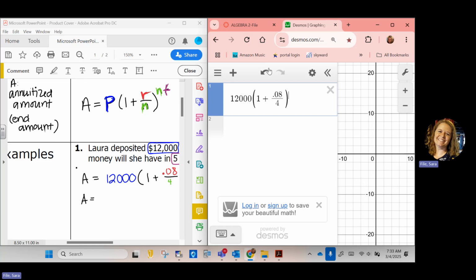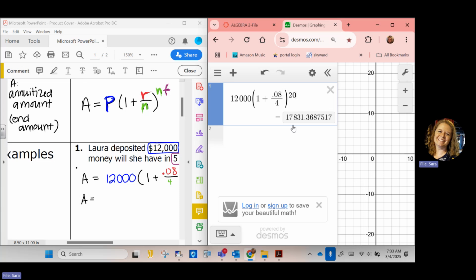And this is to the power. Now you can type 4 times 5, or you can go ahead and multiply that and get 20 and type 20 as your exponent. That's up to you. Okay, so I've had Desmos calculate it. Okay, and this is what it comes out to.